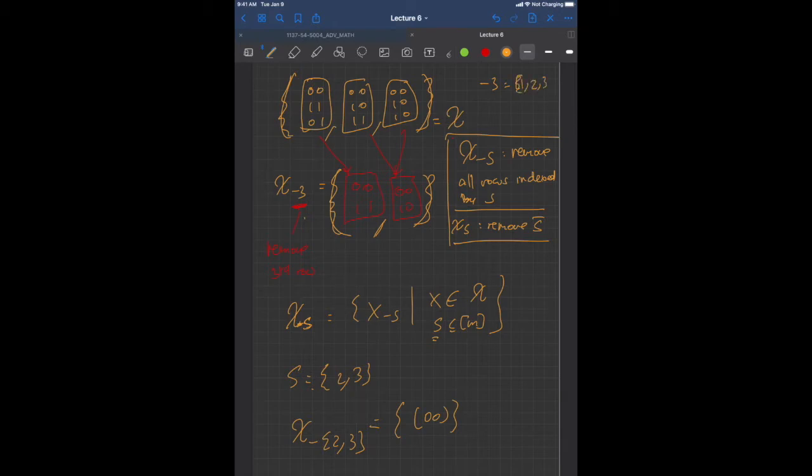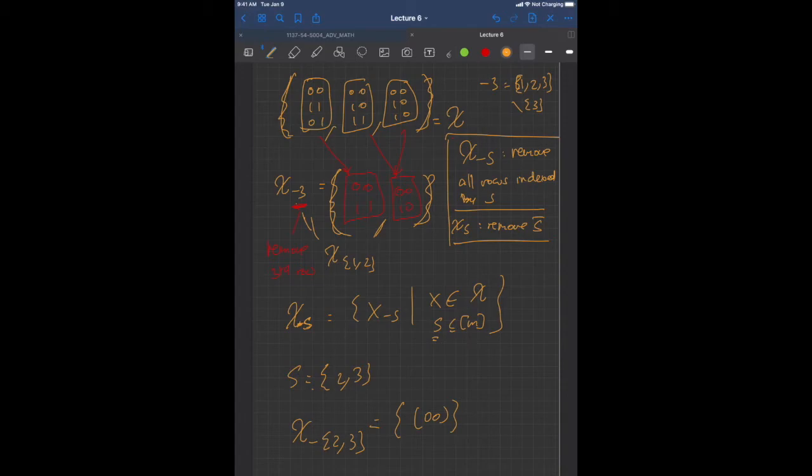So minus 3 is the set 1, 2, 3 minus 3, and then X minus 3 is just X projected onto 1, 2. This is just some more notation to make our lives easy.